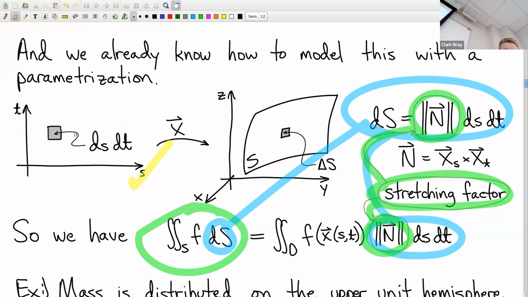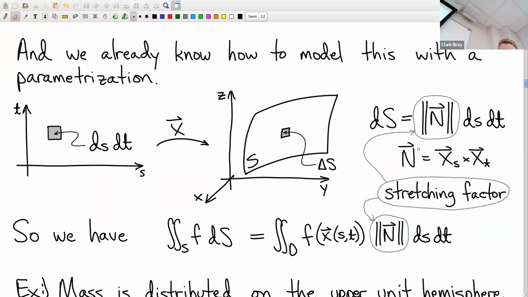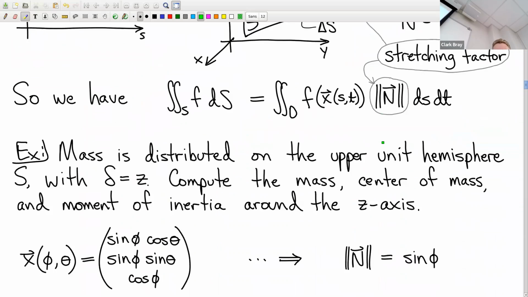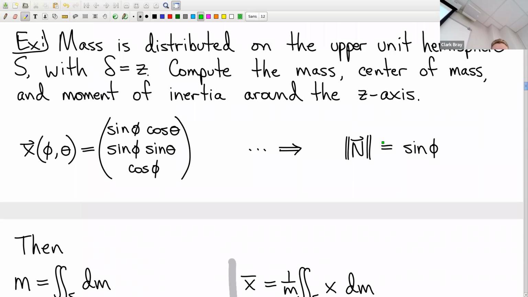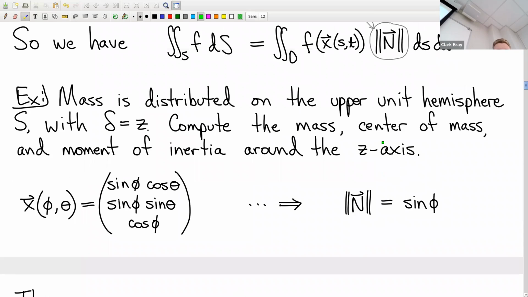All right, so I'm going to rip off an idea that I did with scalar line integrals, and I'm going to look at one object and ask a bunch of different questions about it.